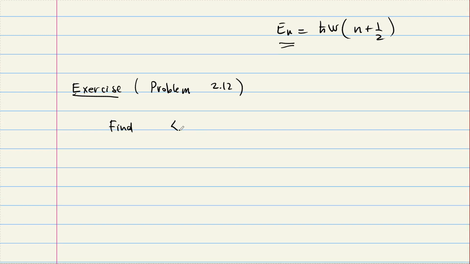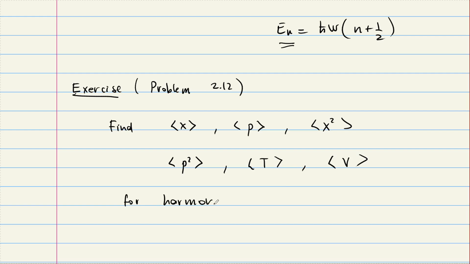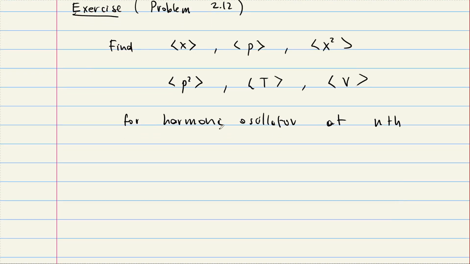Find the expectation value of x, expectation value of p, expectation value of x squared, expectation value of p squared, expectation value of T, and expectation value of V for the harmonic oscillator in the n-th state.